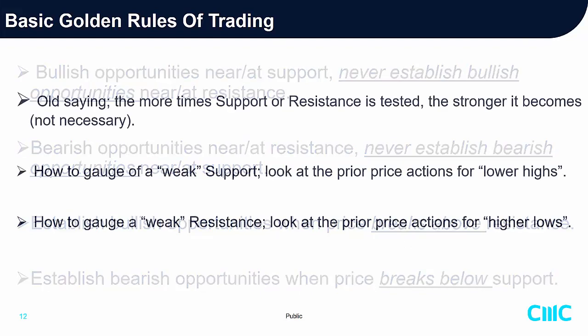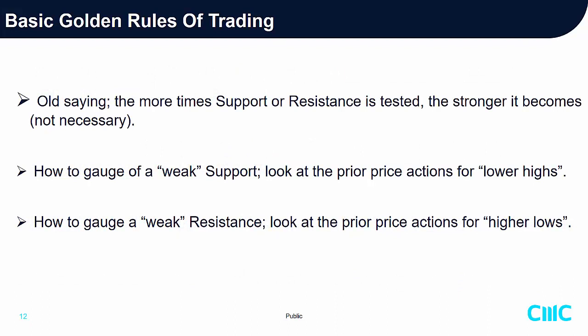Now, another basic golden rule of trading that I'd like to share with you, three pointers, before I take you through a practical walkthrough on our CMC platform by opening up a graphical chart. There is an old saying that the more times a support and resistance is tested, the stronger it becomes. But this is not necessarily true.